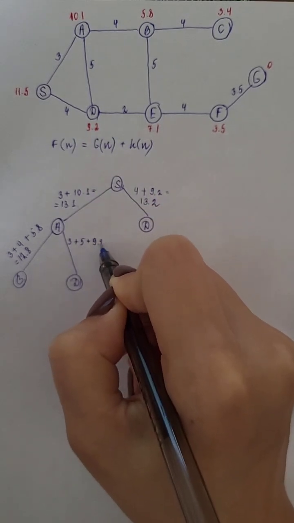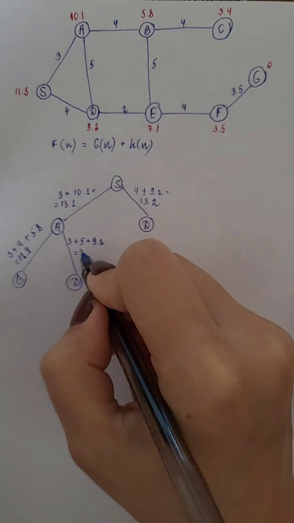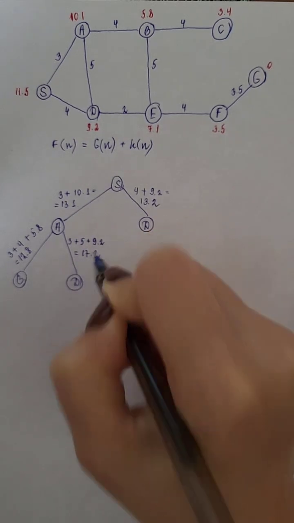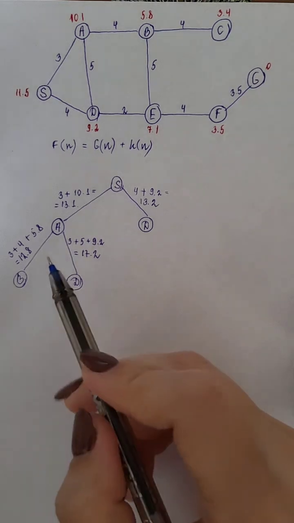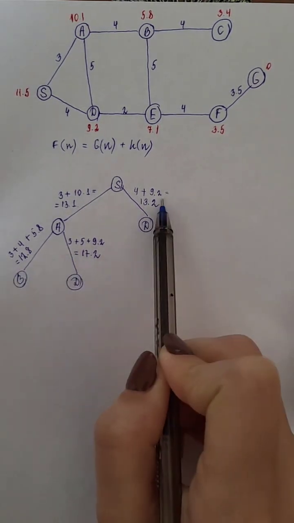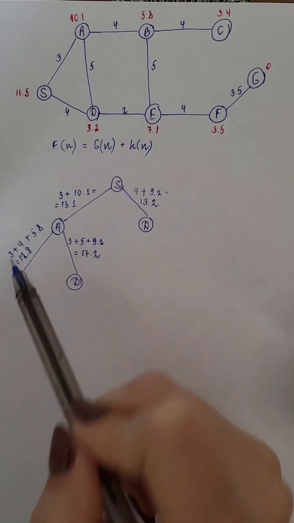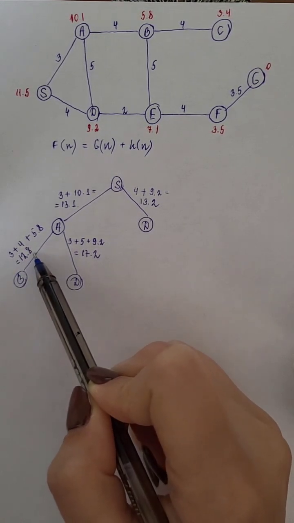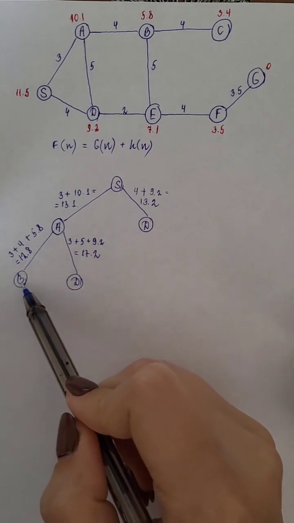So, which gives us 17.2. Alright, so we have this one, and this one. Which one is the minimum? Of course, 12.8. So we will continue with B.